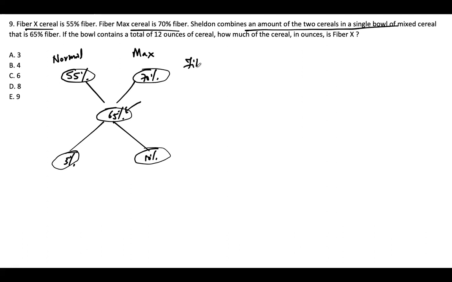So this is fiber upon what? Cereal, the total. Fiber upon total. So whatever you're getting here, you're getting the total weight: the weight of normal cereal and the weight of Max cereal. So this is in the ratio 1:2.